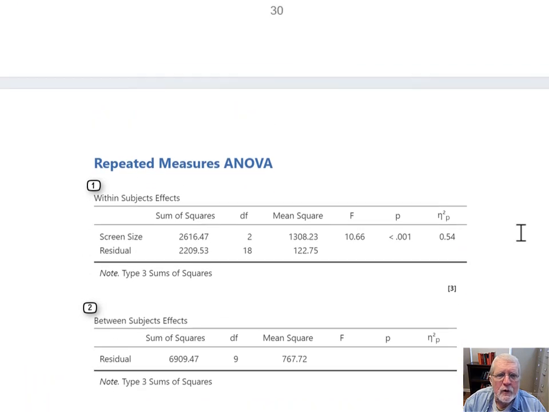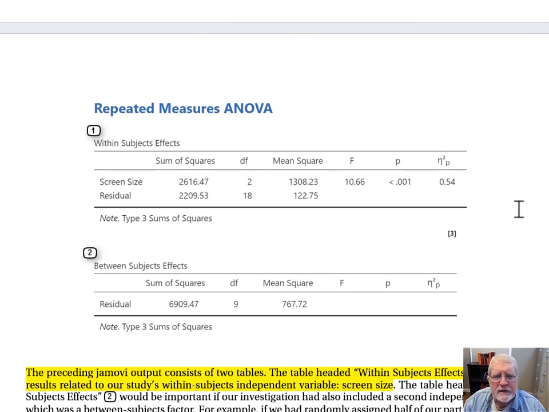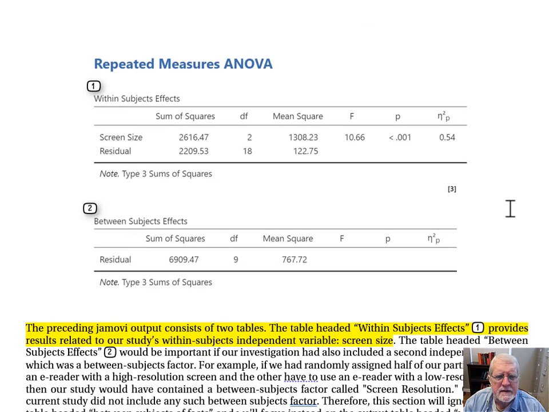We're instead going to focus on the table that appears at the top of page 31, the one-way repeated measures ANOVA. This is the results of the within subjects ANOVA that involves no corrections for problems with sphericity. You can see it's actually divided into two tables. We have one table headed within subjects effects and one table headed between subjects effects.